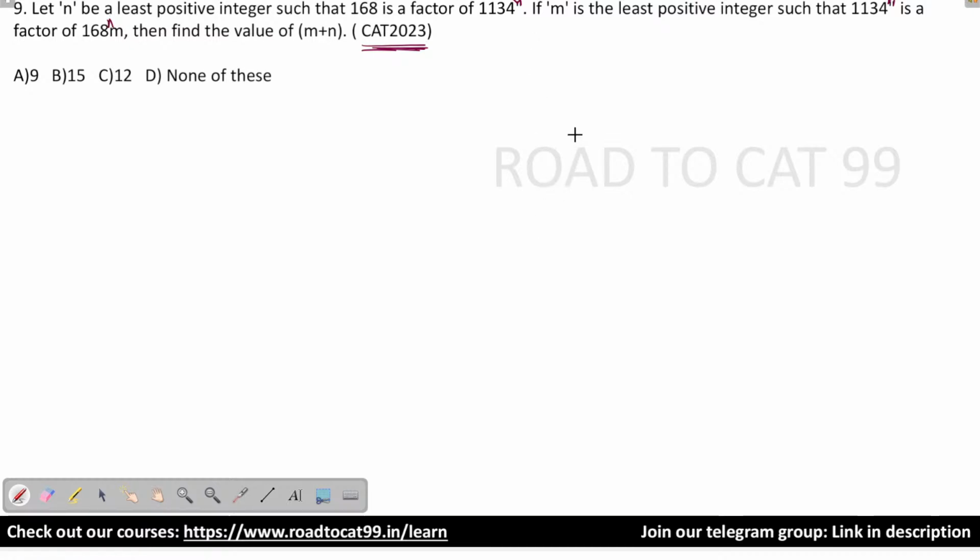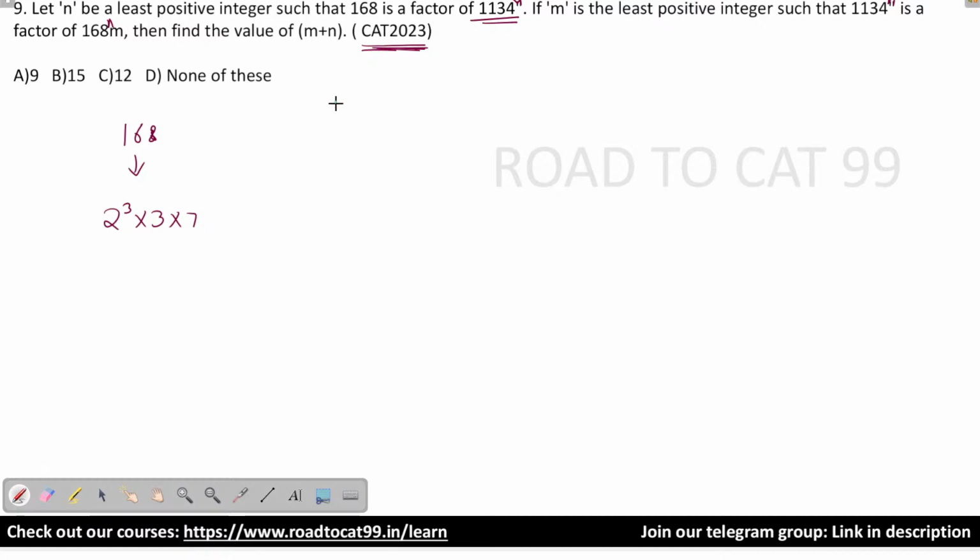So basically इसमें कुछ नहीं है ना, क्वेश्चन में इतना कुछ बड़ा नहीं था, राइट? अगर आपने ऑलरेडी किया होगा, कैट 2023 का क्वेश्चन था डिट्टो. 168 को पहले तुम्हें ब्रेक करना है. सो 168 इज 2 की पावर 3 इंटू 3 इंटू 7. एंड फैक्टर ऑफ 1134 पावर n को जब आप 168 से डिवाइड करोगे, you should get remainder as 0, right?